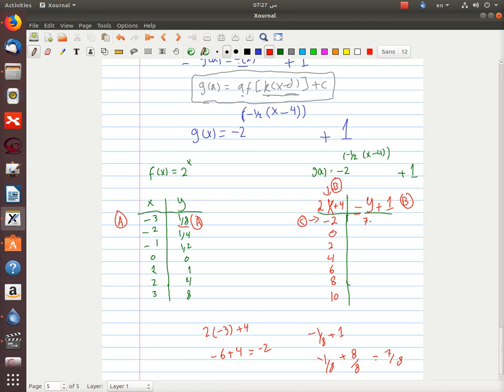So here we're gonna get 7 over 8, and here we're gonna get minus 1 over 4 plus 1, so it's gonna be minus 1 over 4 plus 4 over 4, 3 over 4, and here we're gonna take 1/2, so minus 1/2 plus 1 is gonna be 1/2, and here we're gonna take 0, so 0 plus 1 is 1, and here we're gonna take 1, so 1 is 0, and here we're gonna take 4, 3, take 8, 7.